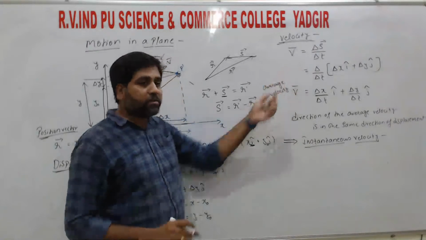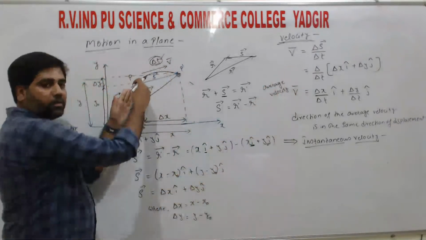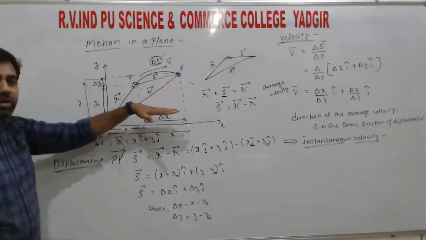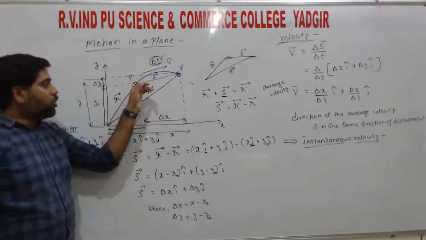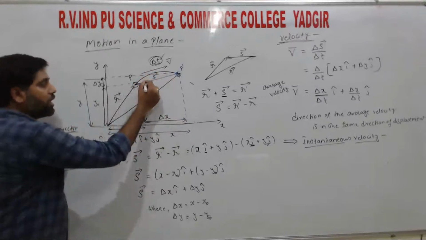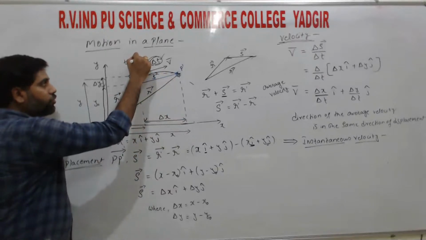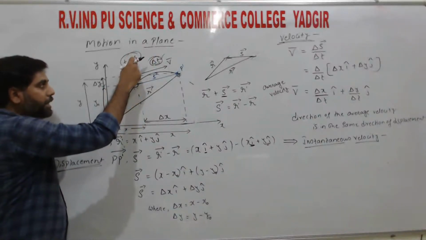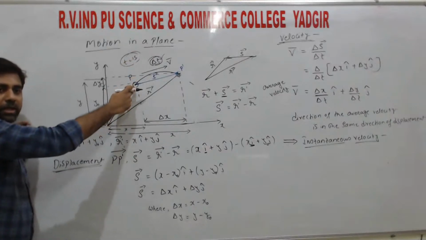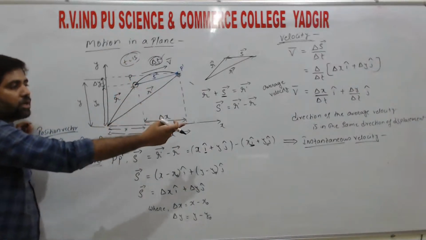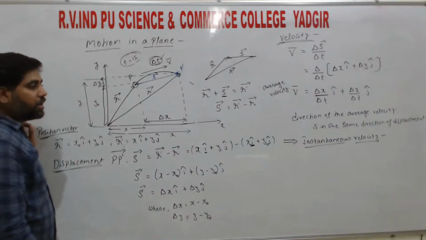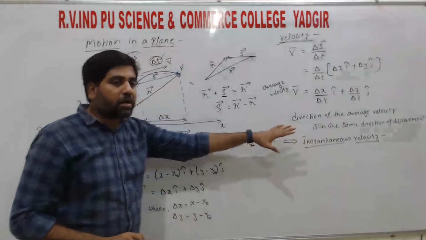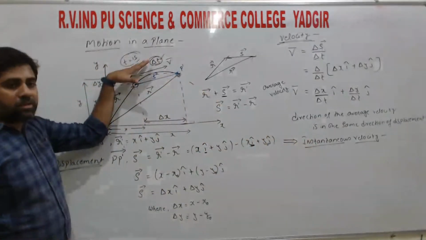Average velocity means the overall displacement, the total displacement over the total time. Instantaneous velocity is the velocity of a particle at a particular instant. That means when t is equal to 1 second, if I calculate the velocity of the particle, that velocity is the instantaneous velocity, right? So now we are going to find the instantaneous velocity's magnitude and direction, right?